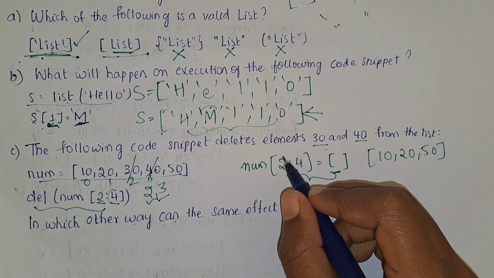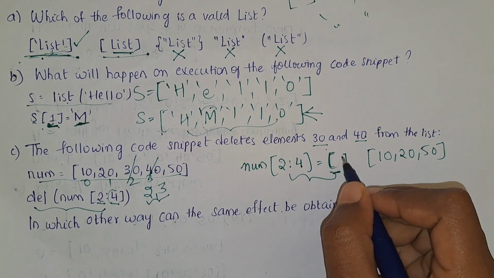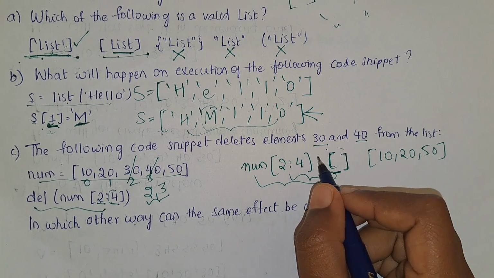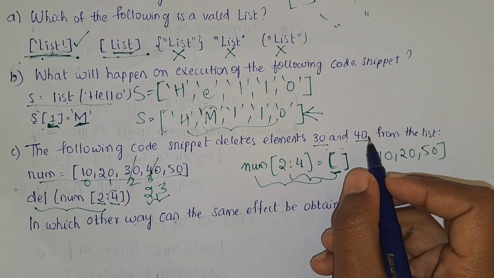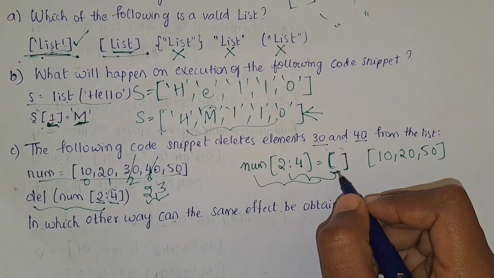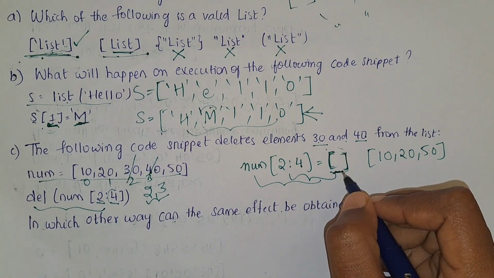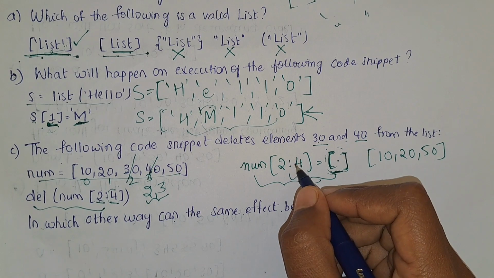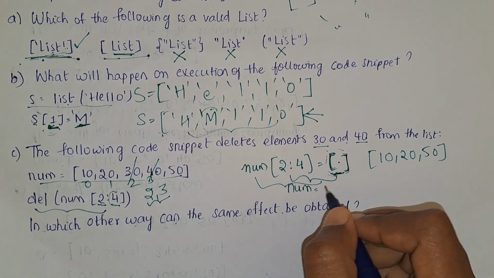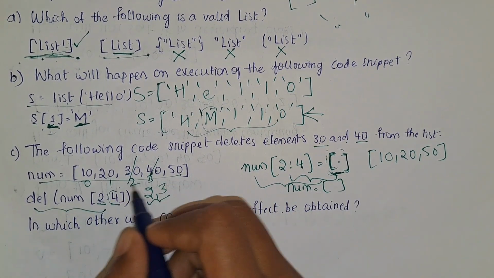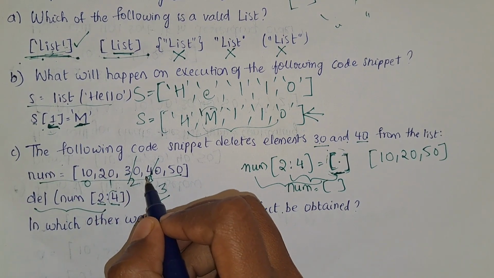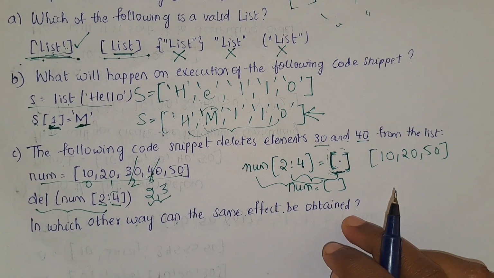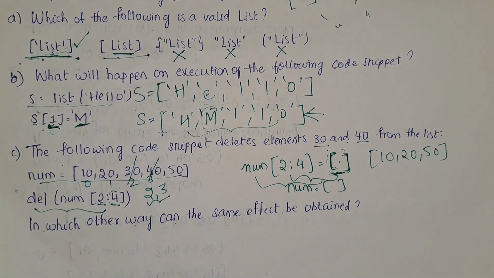The elements in the range 2 to 4 will be emptied when you write this code. This is another approach to delete the elements 30 and 40 from the list. If you take num equal to an empty list, all the elements will be removed from the num list. So this is another approach to obtain the same effect.